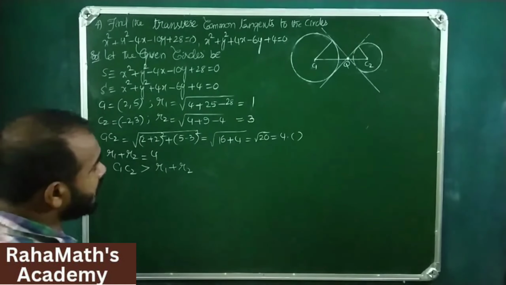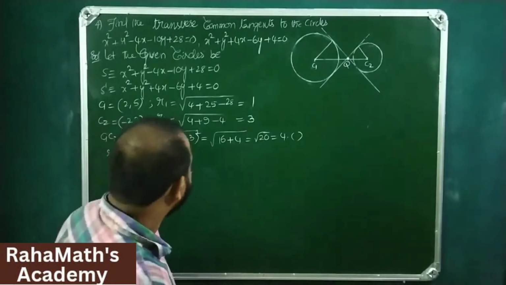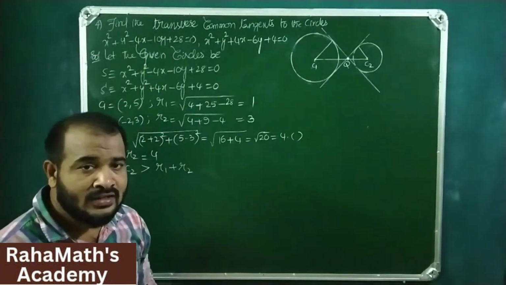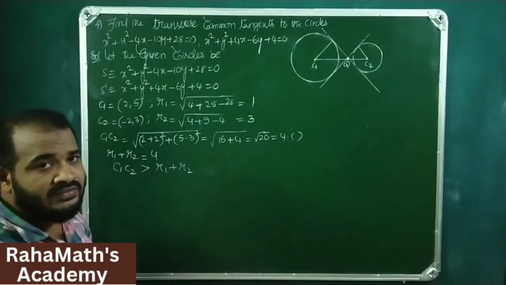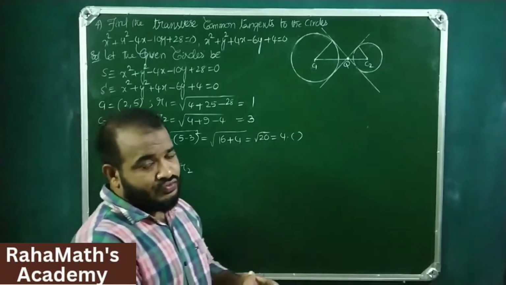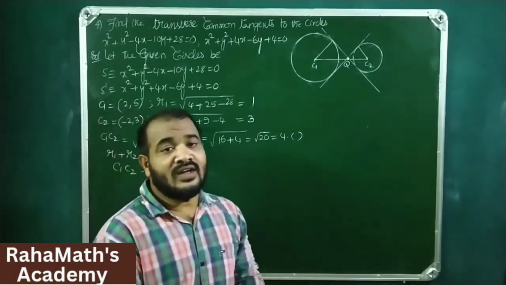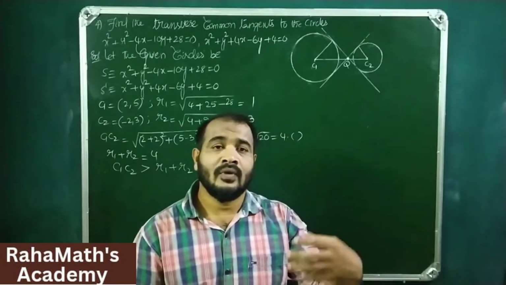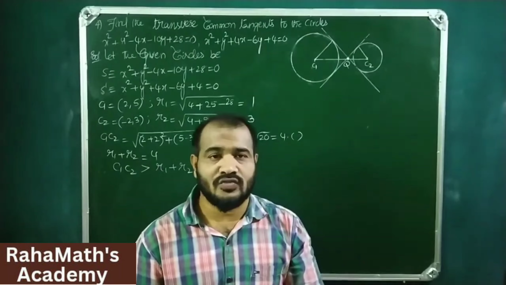Now, we are required to find the transverse common tangents, right? So whenever transverse common tangents exist, there exists an internal center of similitude.